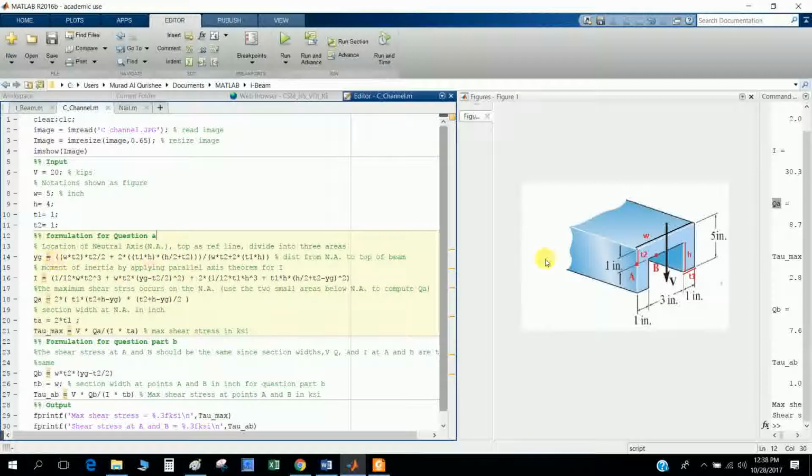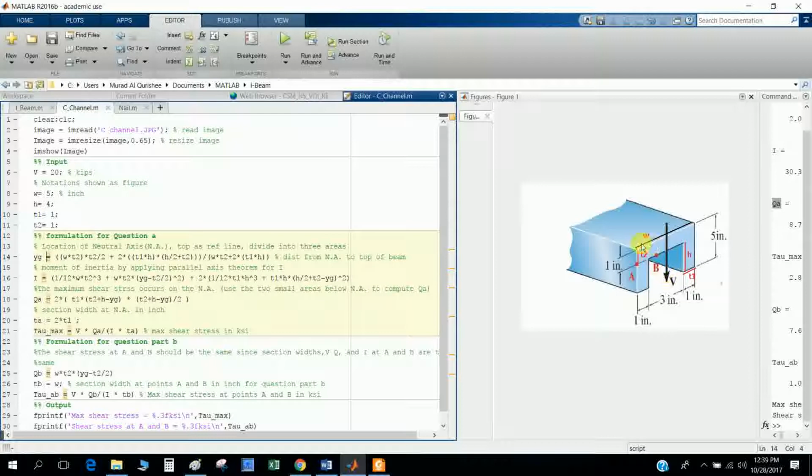So this is the formulation section for A. First we have to determine the neutral axis distance. We take this as our reference line, and from this we determine the neutral axis distance. We call this yz.